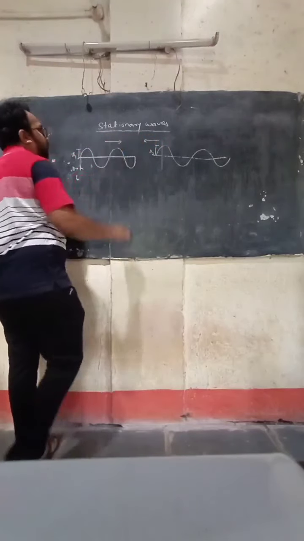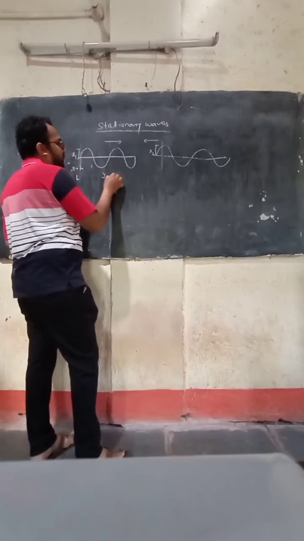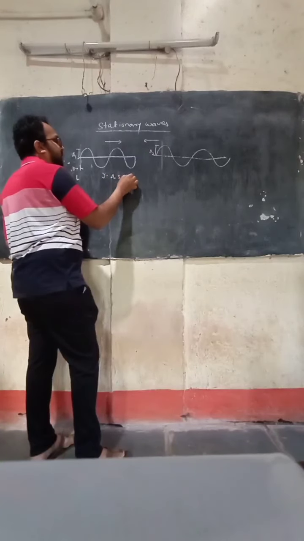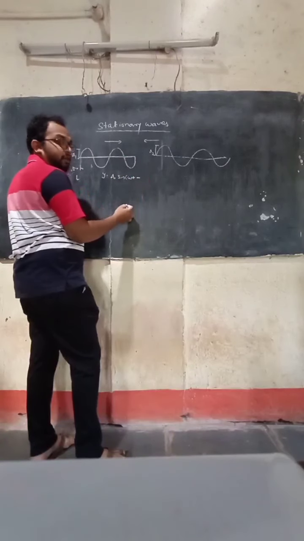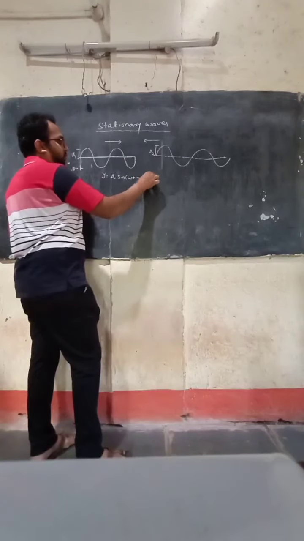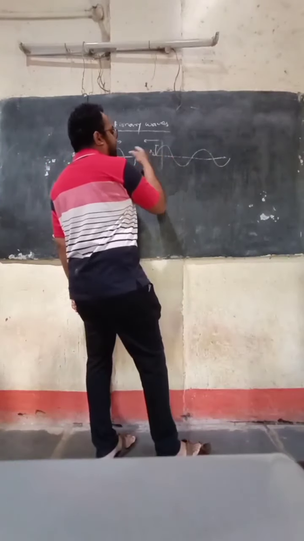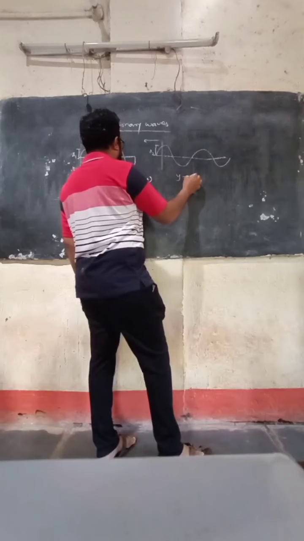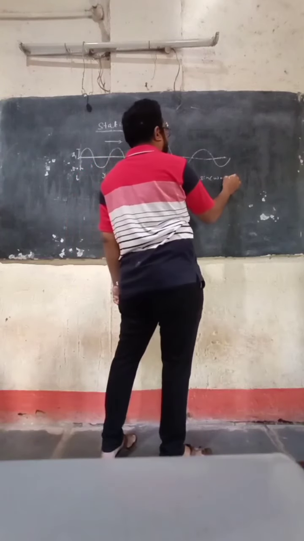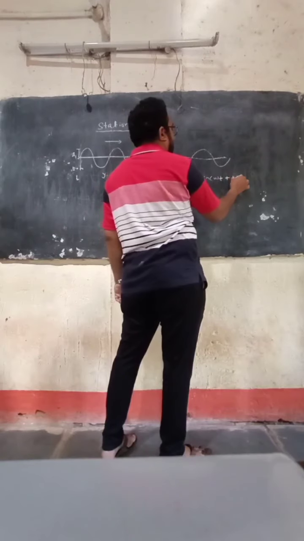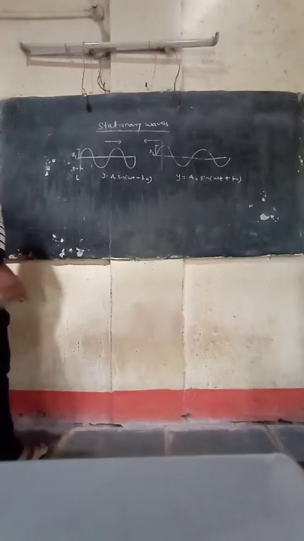I can write the equation of the first wave as y = A1 sin(omega t minus kx), since it is traveling in the positive x direction, hence the negative sign. The other wave travels in the negative x direction, hence it will be plus kx.